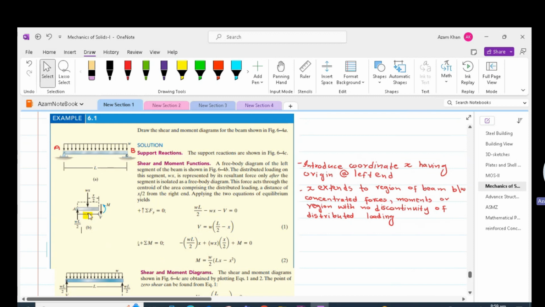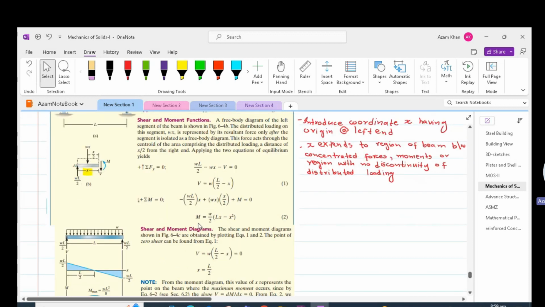So Wx times x by 2. Please note Wx will be located in the middle of our free body and x by 2 is the lever arm. After this, the internal moment will come, which is M in counterclockwise direction.